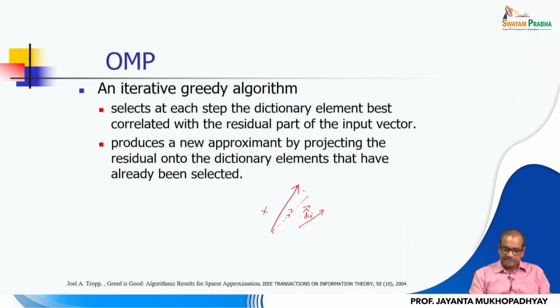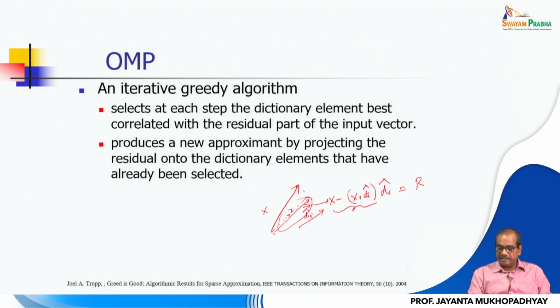This direction, say, is the component of x. Then we subtract this component. That means this vector is (x dot di) di. This is the magnitude, and di, because this is along the same unit vector direction. So x minus this would be the residual.